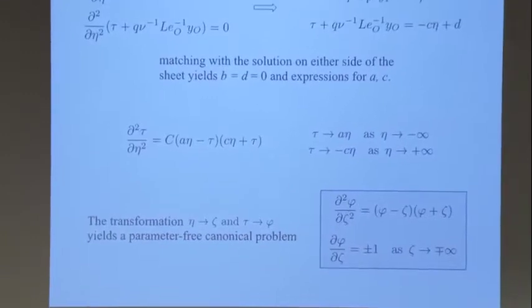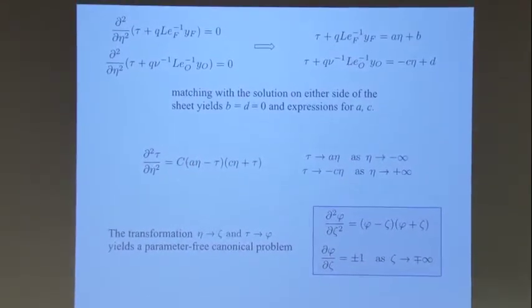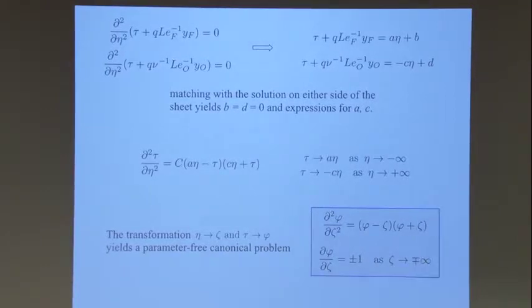So this is the mathematical problem you have to solve. Of course, you have to solve it numerically. It's a boundary value problem. A typical method is the shooting method, but there are today more robust methods in MATLAB, Mathematica, whatever, to solve this.